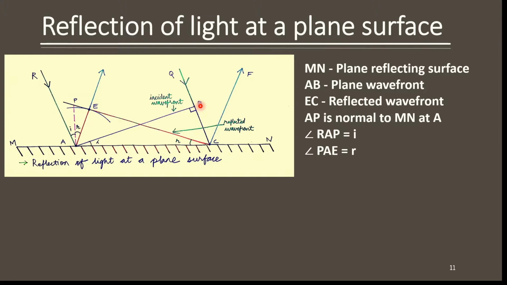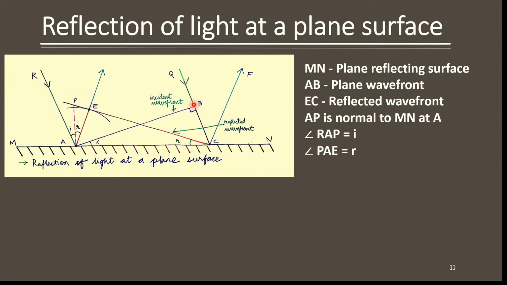It is incident obliquely at an angle i with the normal to a plane reflecting surface MN, which is also perpendicular to the plane of the paper. RA and QB are incident rays.